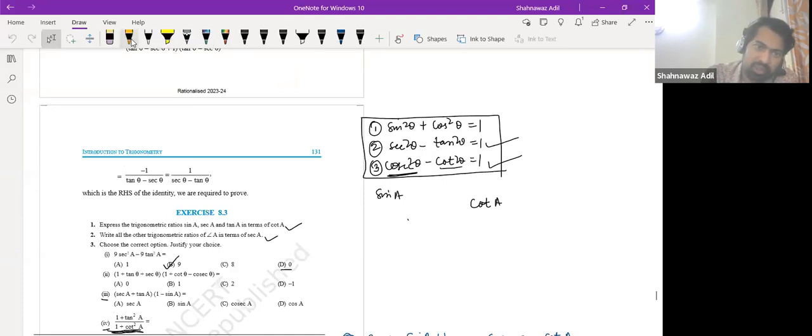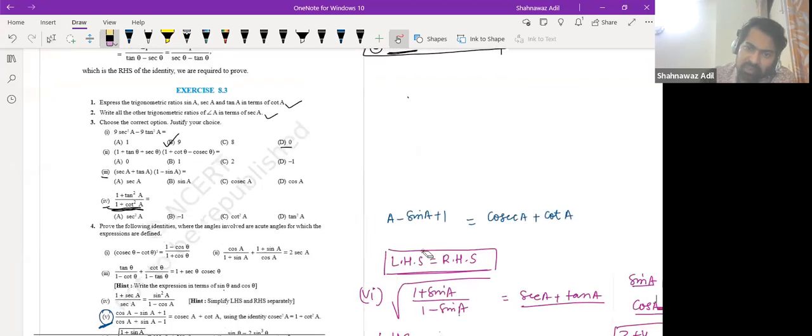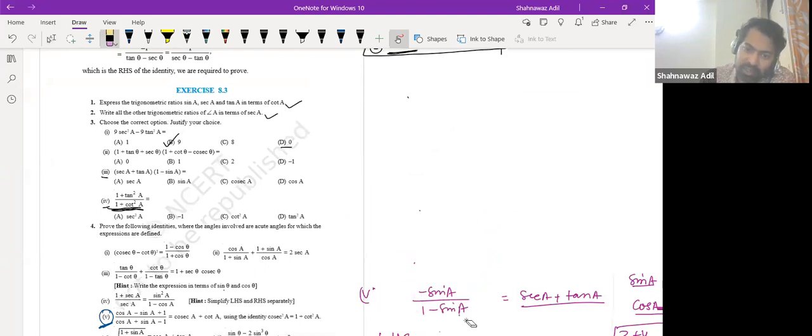These are trigonometric ratios, but not in some other form, but as a function of cot. So we have to write. What we will do is first write those things which we can calculate directly.